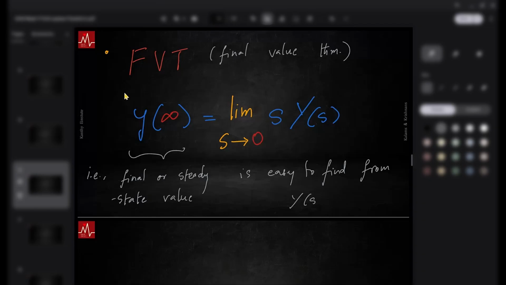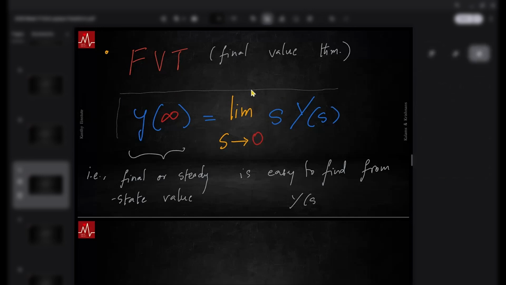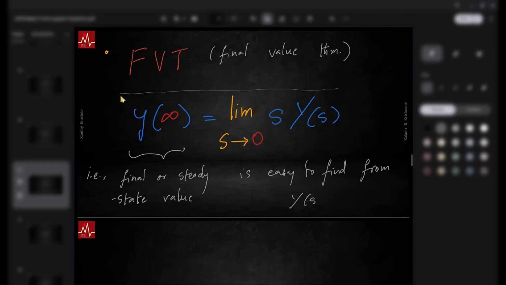But this gives a level playing field for both the student and the teacher, because as the teacher is writing it, the student can catch up. It's not all of a sudden appearing on the screen. Right now we are writing everything from scratch, and that is very powerful. In fact, I feel this is very student friendly.